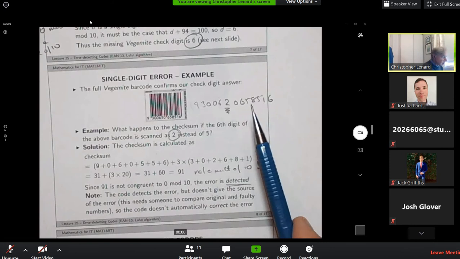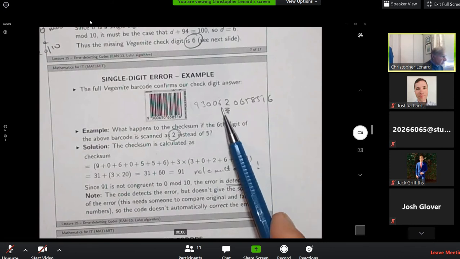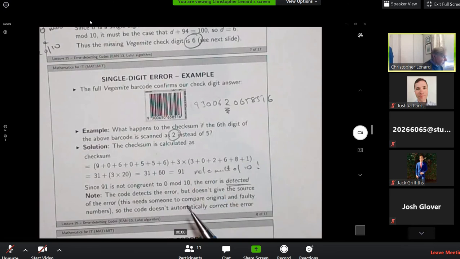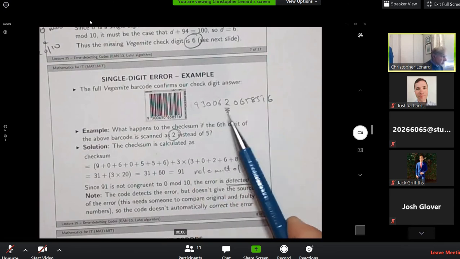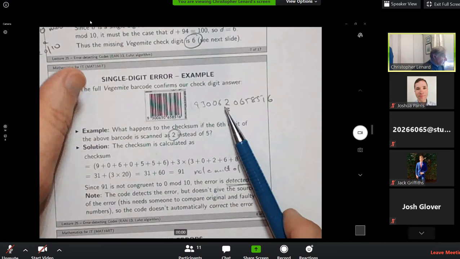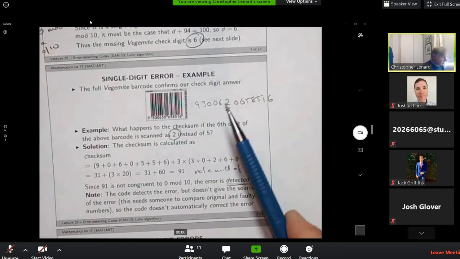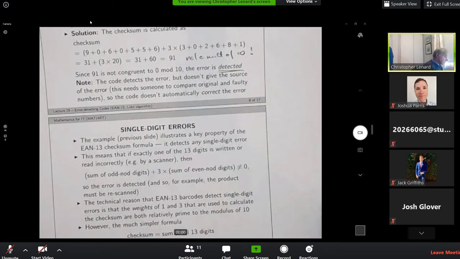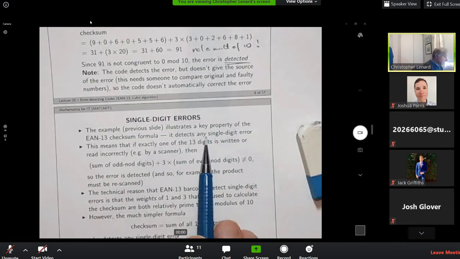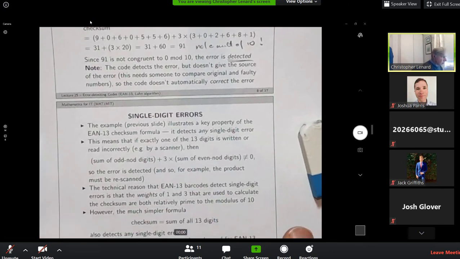I could change 6 into any other number, 7, 8, 9, 0, 1, 2, 3, 4, or 5, and run it through the checksum formula, and I would get a mistake. But if I change 2, I might not. So we can detect any single digit error. If exactly one of the 13 digits is incorrect, then that checksum formula will fail.